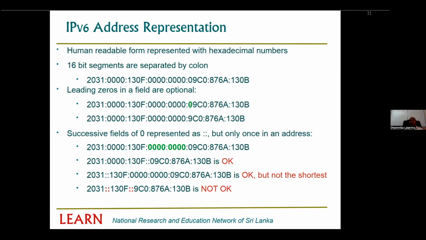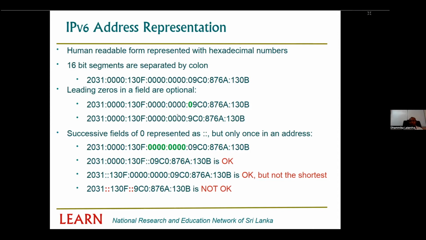Here the green zero is a leading zero, so we can omit it and write it this way. You may think that the second, fourth and fifth segments also have leading zeros, but no, they follow a different rule.